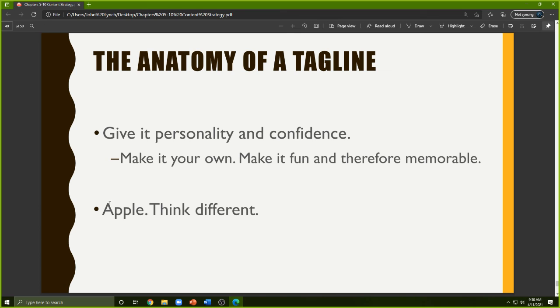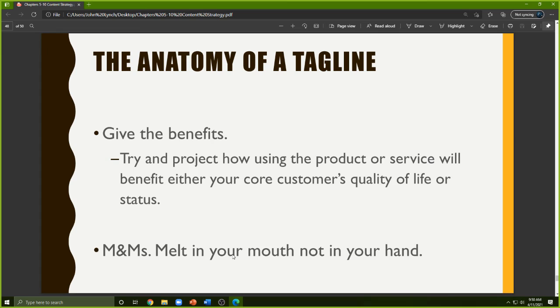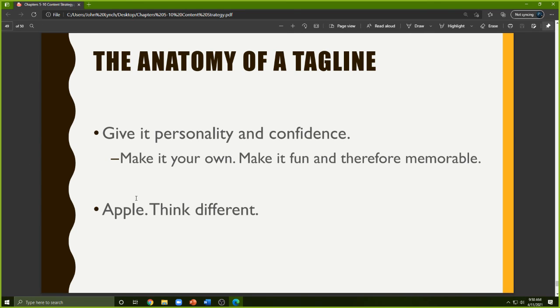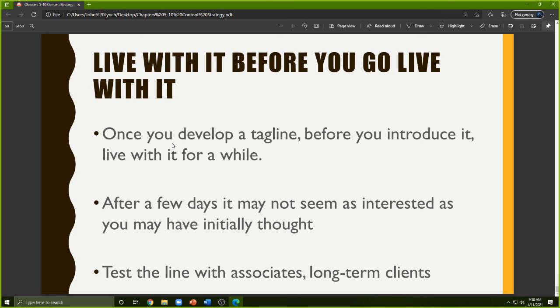We don't really think that small sentences have a personality, but you could see here that, from Avis to Apple, there's a really big difference. Apple is saying Think Different, so Apple is saying that their core customers are a bit, when I say crazy, but they think a lot differently about stuff. They approach situations in a different way. And so that's one idea that you can approach your core customers with too. Let's see here.